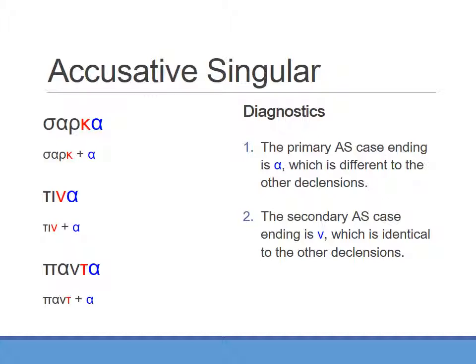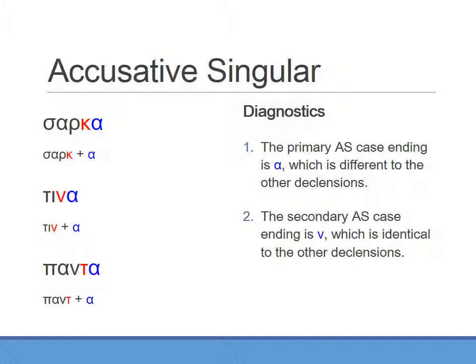The accusative singular case ending is alpha, and that is different to the other declensions. Like the genitive and dative, it is simply added to the noun stem. So sark plus alpha, sarka; tin plus alpha, tina; pant plus alpha, panta.